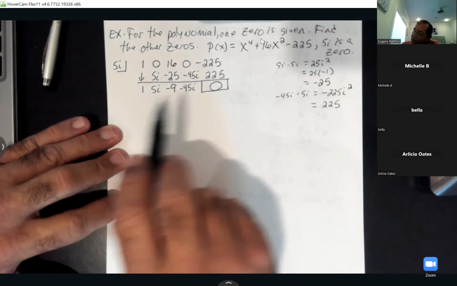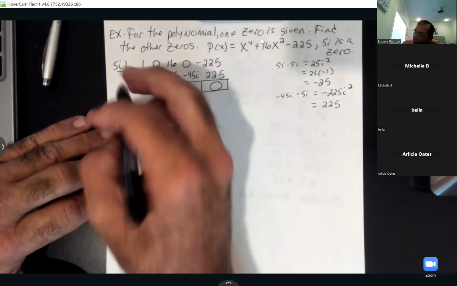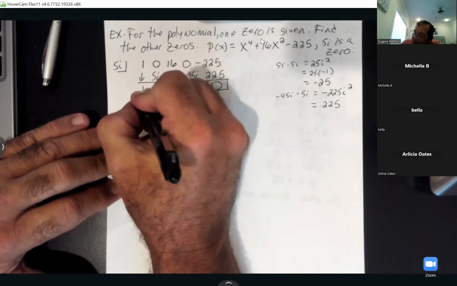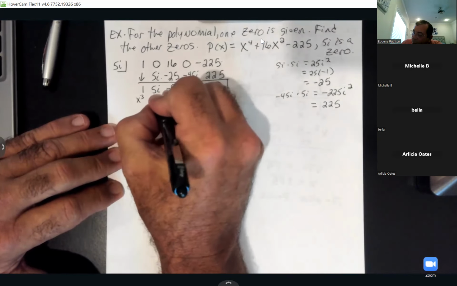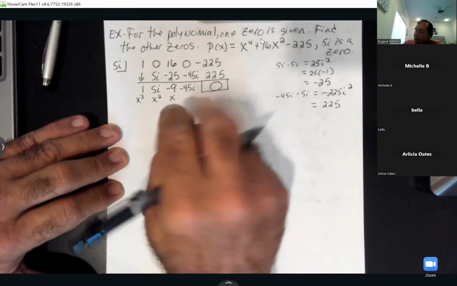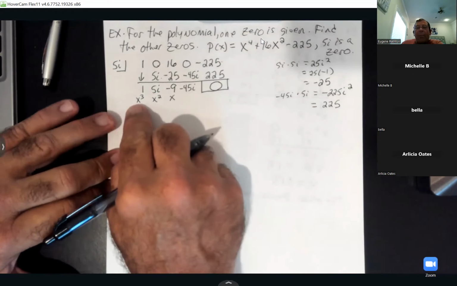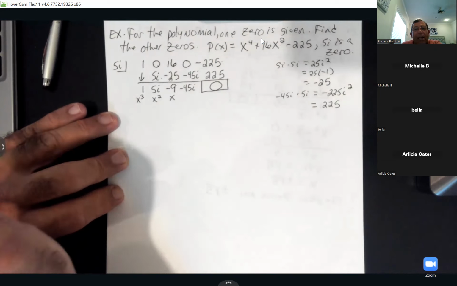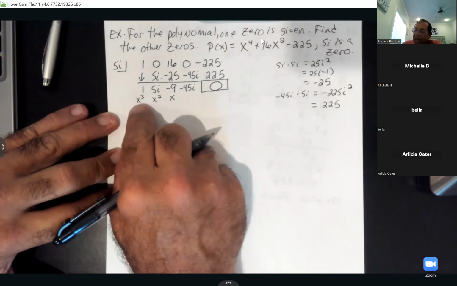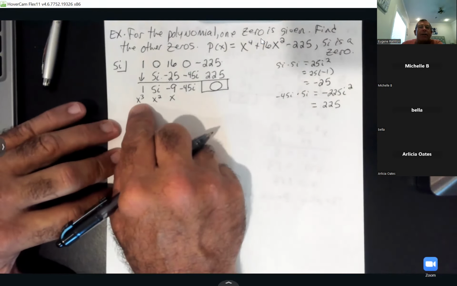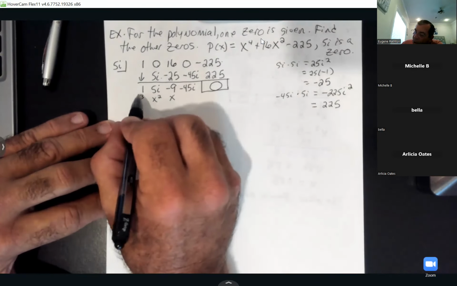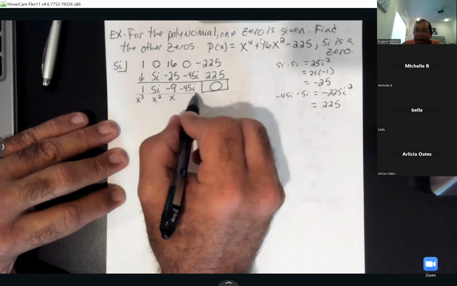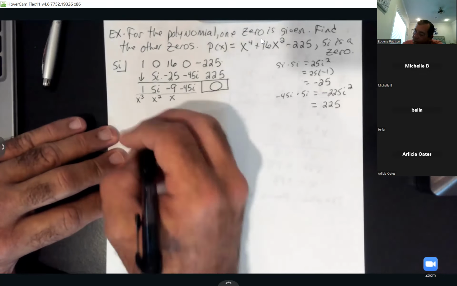And here's the thing on this one. We started with an x^4. So this is really an x^3 term, x squared term, x term, and then my number. So I'm not small enough yet to do that quadratic stuff because I still got an x^3 sitting here. So we're going to use these numbers that they gave us as our next coefficients.